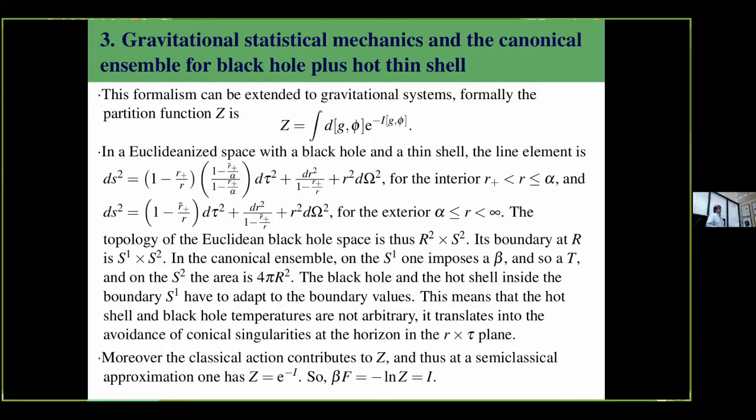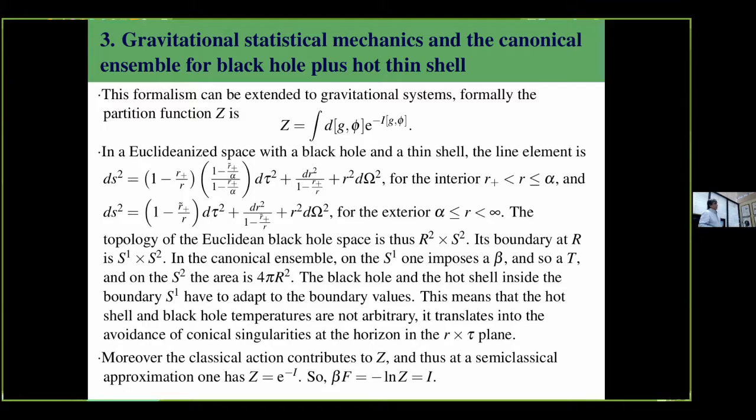It's Euclideanized and periodic, and so you have here actually a cigar-shaped space. So the topology of this space is R2 times S2.